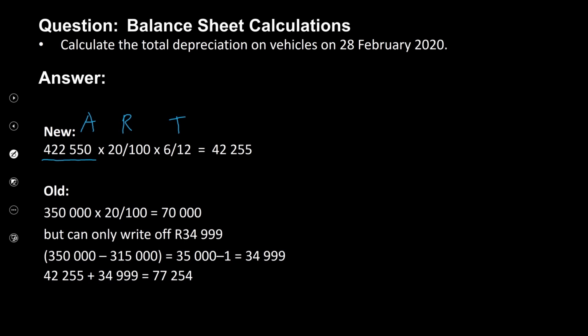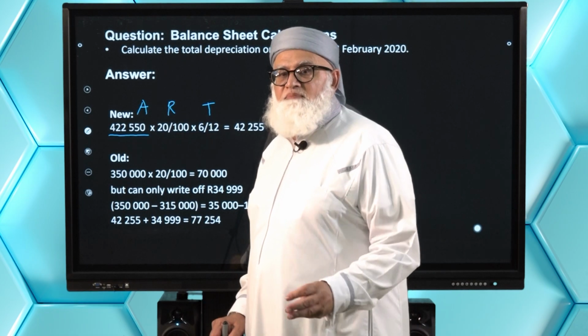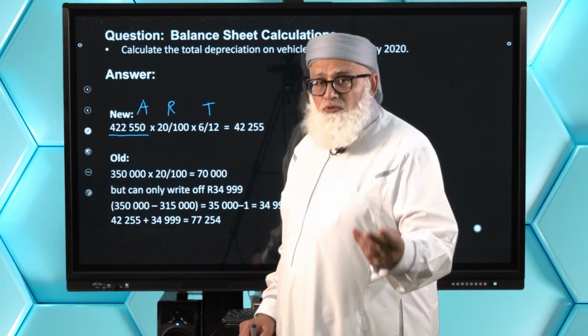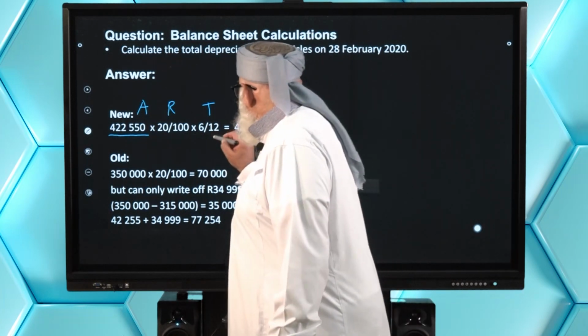It's the cost price. It's a new vehicle, so the cost price is 422,550, I keep on saying 4 million, sorry guys, times the rate, which was 20%. They told you the rate of depreciation was 20%, and the time. This vehicle was bought on the 1st of September. So September, October, November, December, January, February, which is my year end, 6/12.